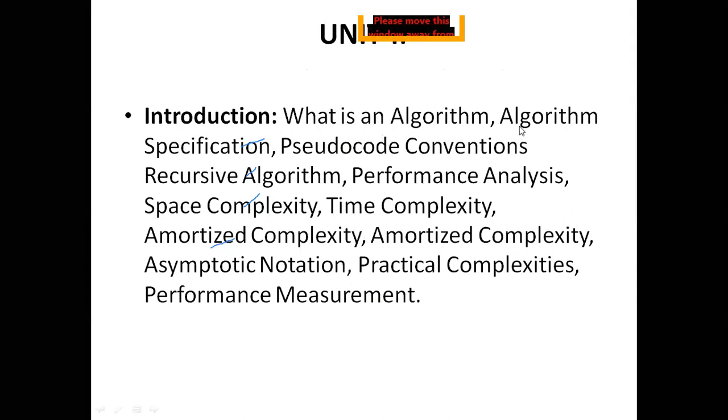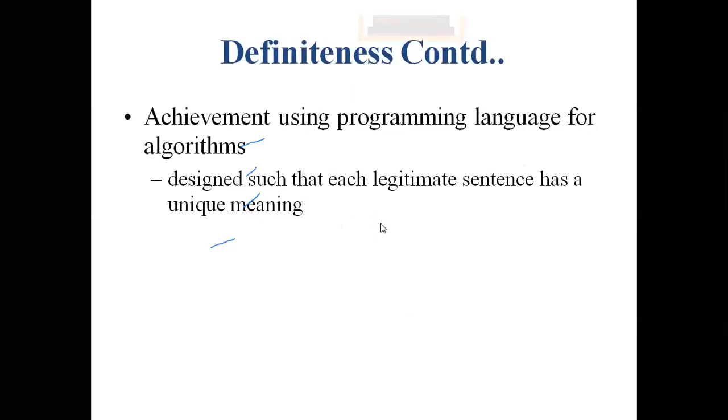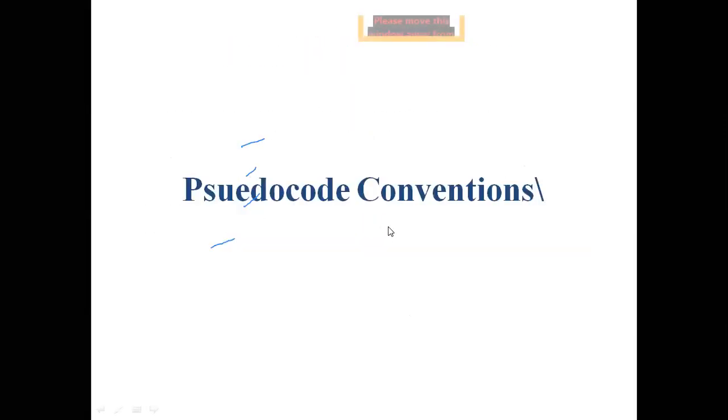Here this is an algorithm. Then algorithm specifications are nothing but the properties of an algorithm. I already told you what an algorithm is. Then we discussed some of the pseudocode conventions, like loops.